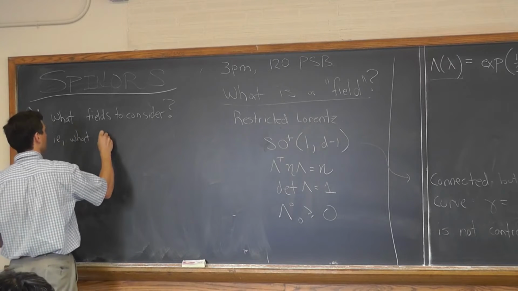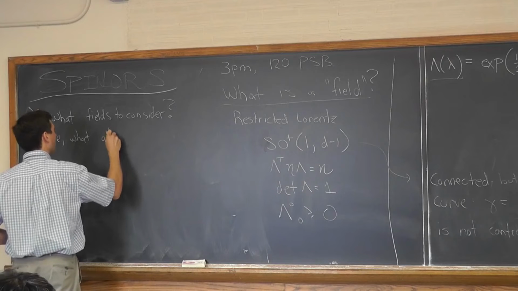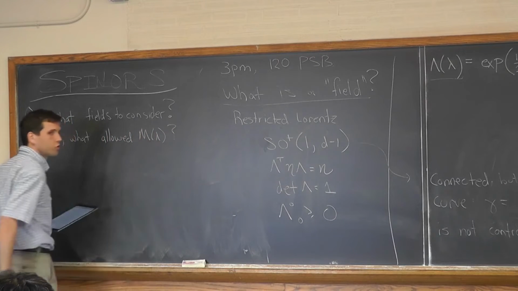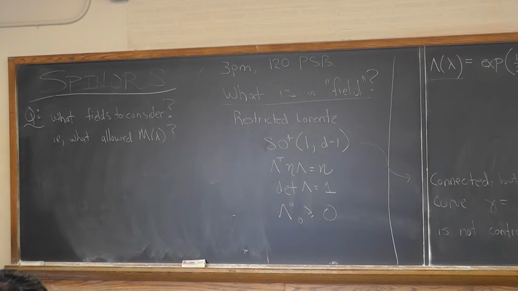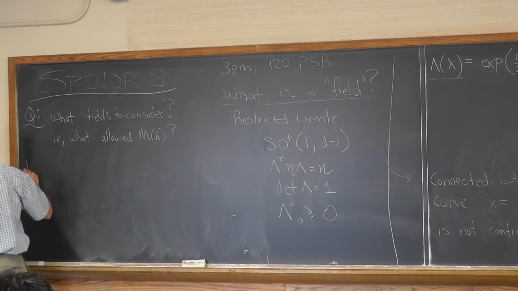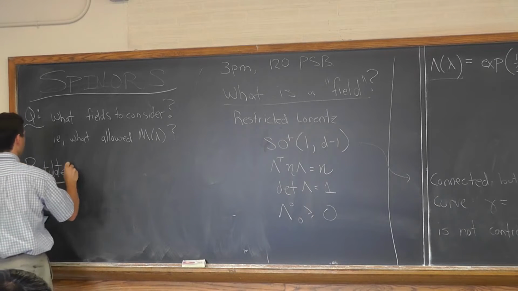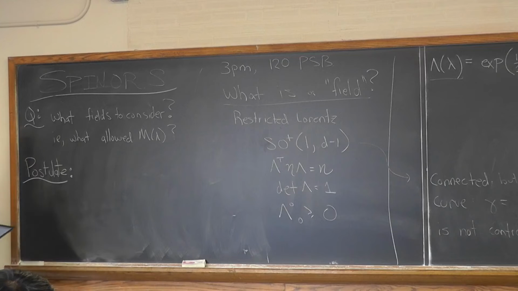I.e., what are the allowed transformations M of lambda under the Lorentz group? So that's a physics question, not a math question, and it's a question that needs to be answered by experiment.